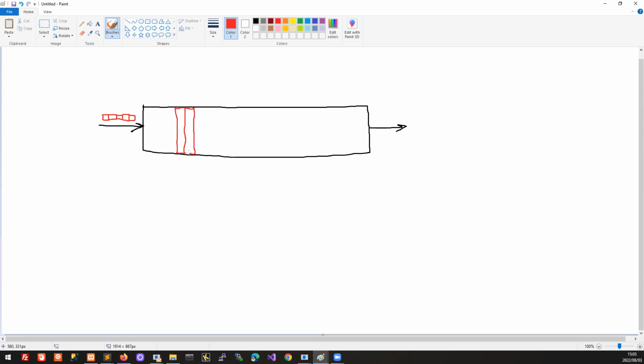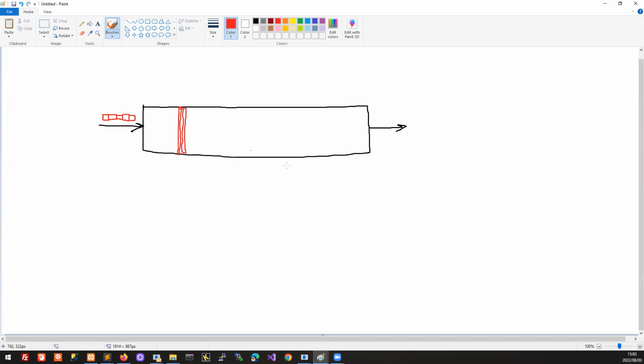In other words, they occupy some axial distance, and I should draw them thinner than that because of the way I drew those boxes there. So it enters, and each one becomes its own little plug that's moving through the reactor.